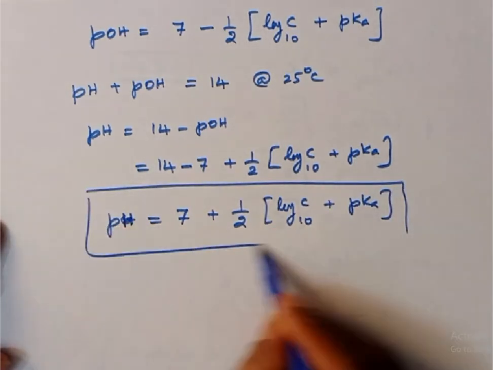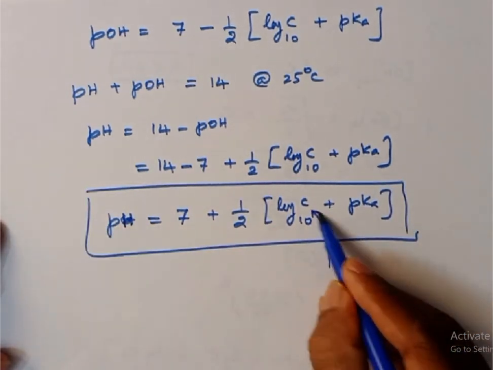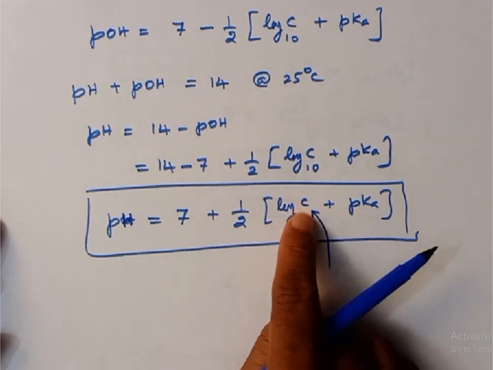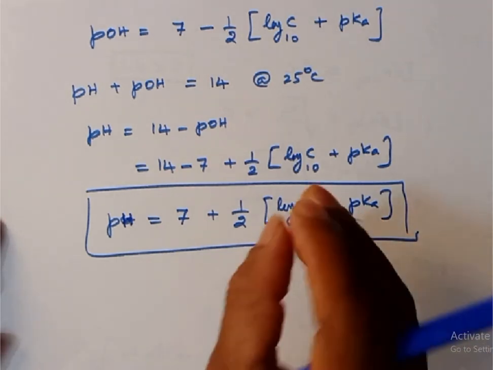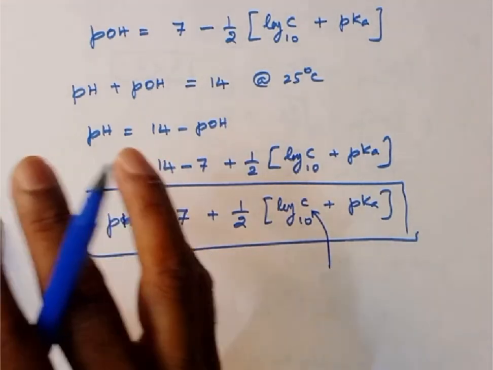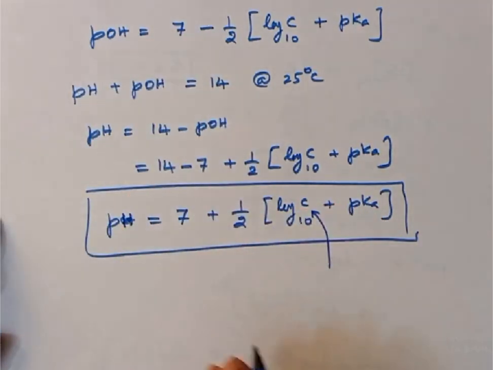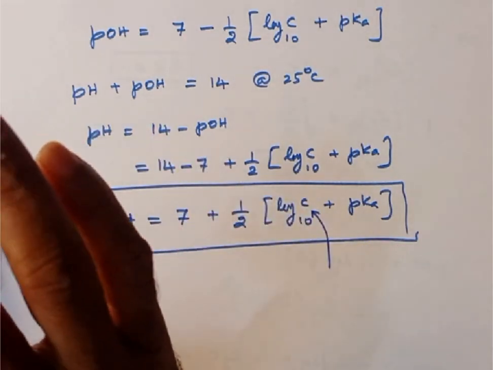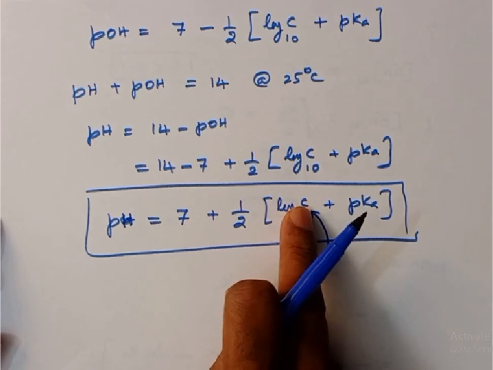So if you know the concentration of the salt at the beginning, we are going to prepare the solution. If we add 1 mole of salt and prepare a solution of 1 liter, you can find the concentration directly. So if you know the number of moles of the salt present in a given volume of solution, you can find the concentration.